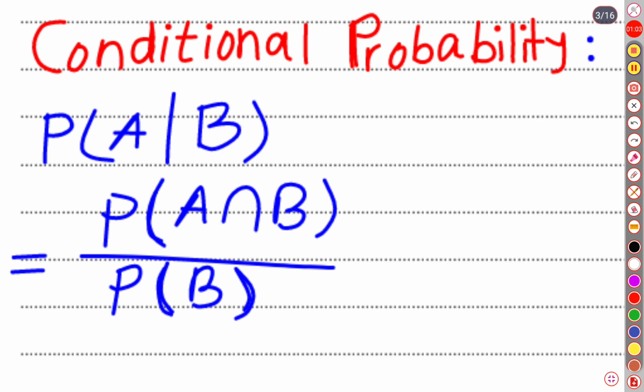So probability of A given B equals probability of A intersection B over probability of B. Considering this concept, we will solve the practical problems. So let's get into the first problem we are going to solve under conditional probability.